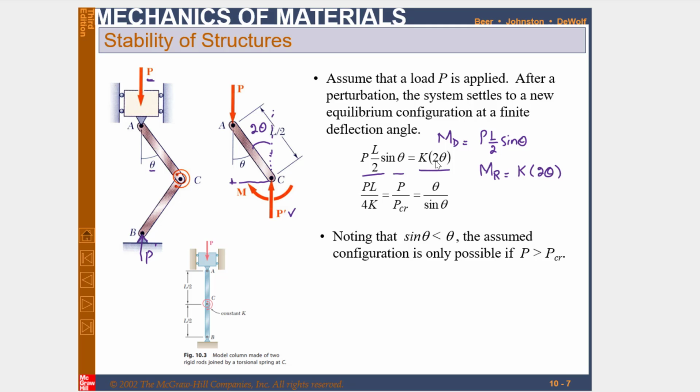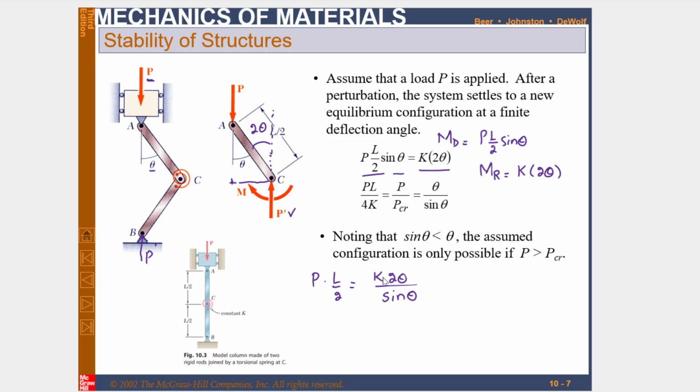Now we will divide sine theta on both sides. So you will get P into L by 2 is equal to K into 2 theta over sine theta.